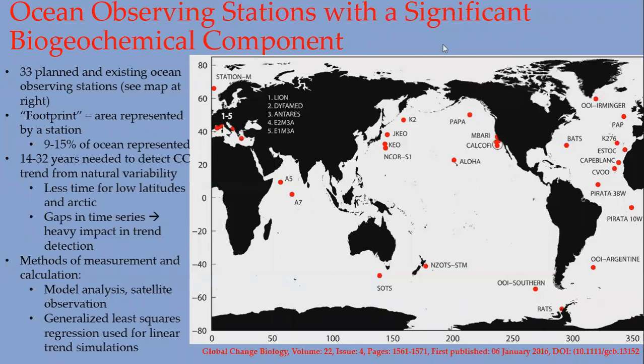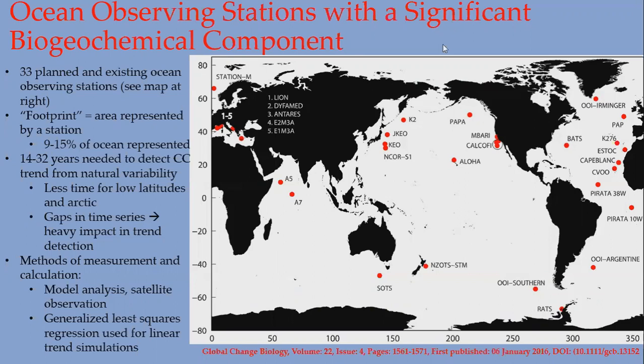So first off, as you can see in this map, there are 33 planned and existing ocean observation stations. And this map illustrates how most of these stations are located relatively near to the land, near the coasts rather than further out in the ocean, which is so that they can undergo regular maintenance.